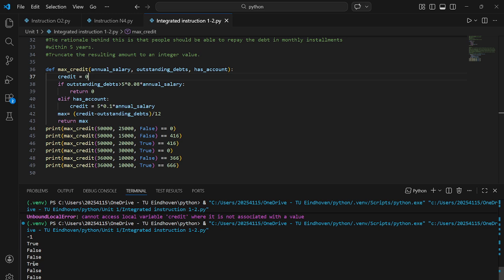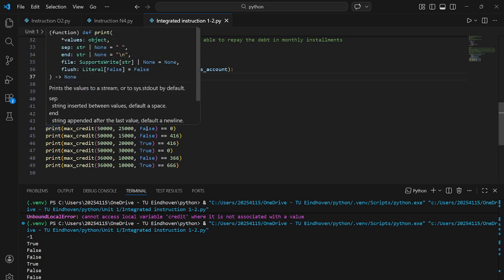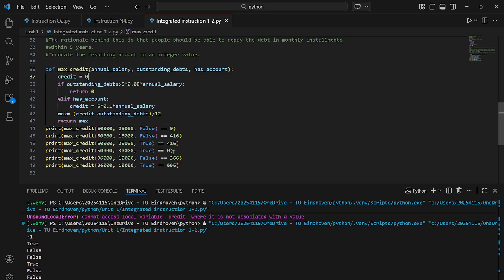So what could be the reason for that? So the first one, when we have a 0, is correct. And the fourth one, when we have a 0, is also correct. So we can say that we have no problem in this part of our code. And it seems our problems lie in the rest of the cases. Okay. If they have an account, the credit is this.